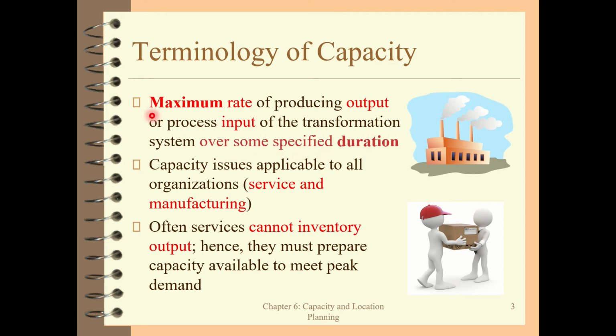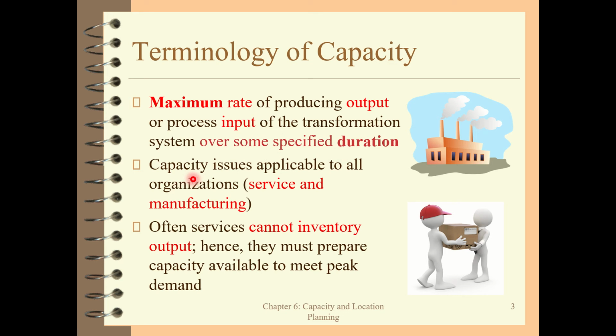So please remember that if we would like to talk about capacity, we need to have the maximum rate and we need to say something about the duration that is given.